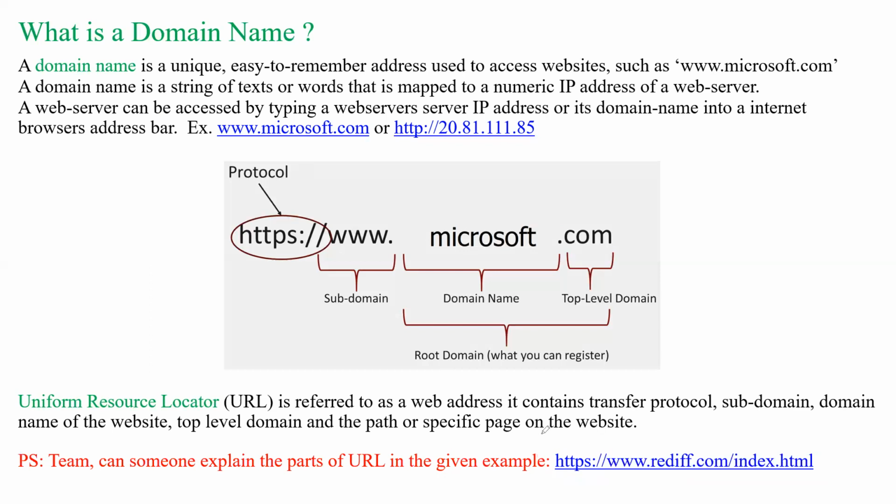So here we have the protocol HTTPS. Next comes the subdomain. Here in this case, the subdomain is www, correct? So www is the subdomain, and the domain name is Rediff, only Rediff.